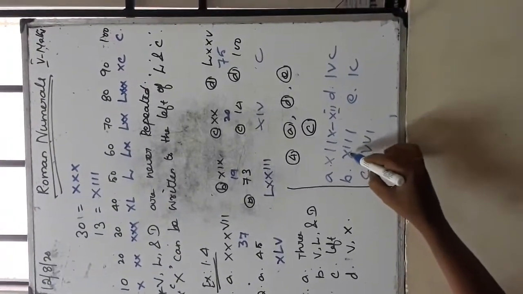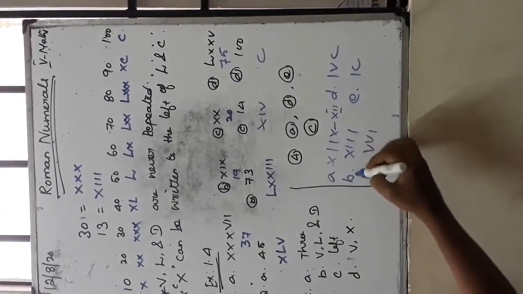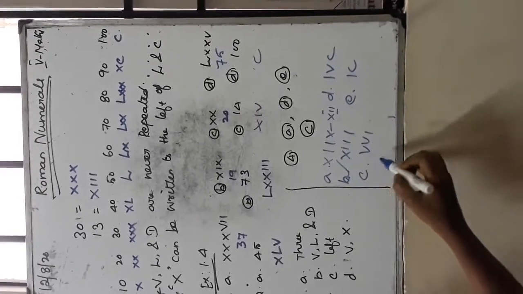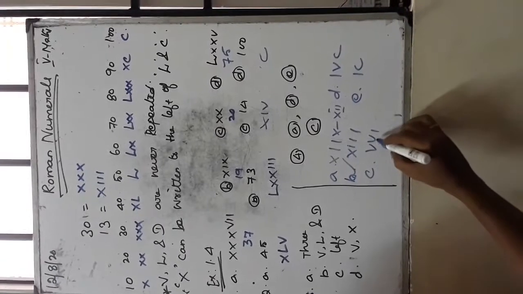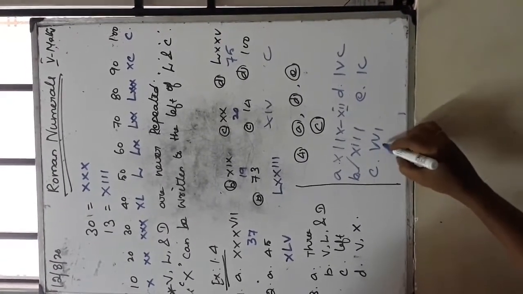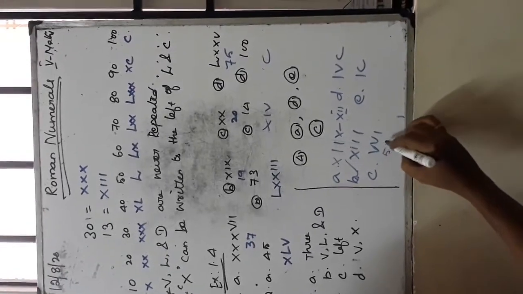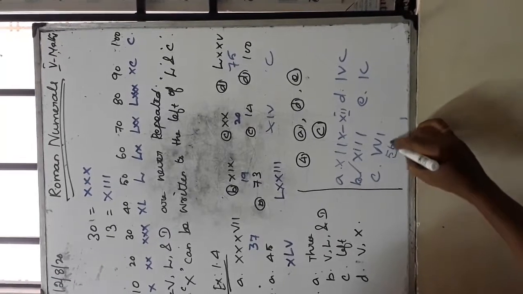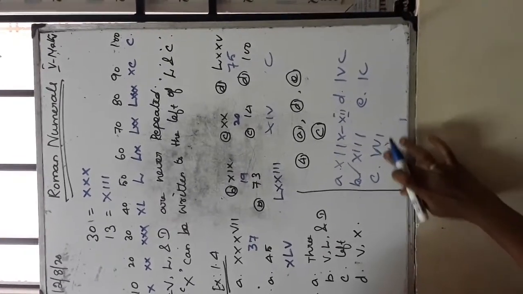Oh, this is correct: 10, 11, 12, 13. Next one is VVI. This is also meaningless, not like that. 5 is not written like that. You should not write 56 that way.